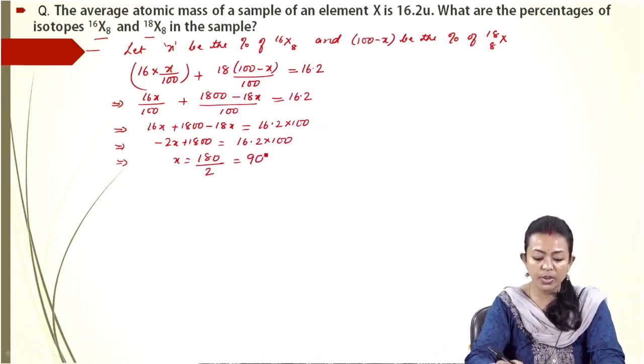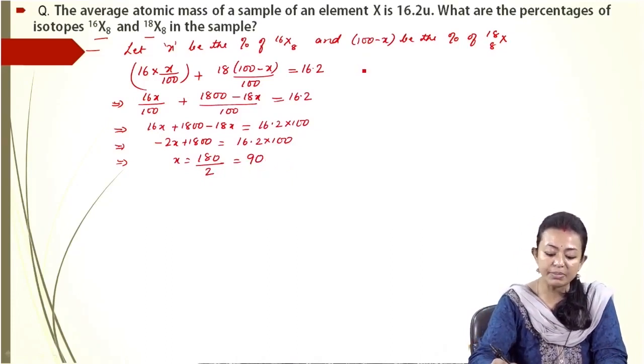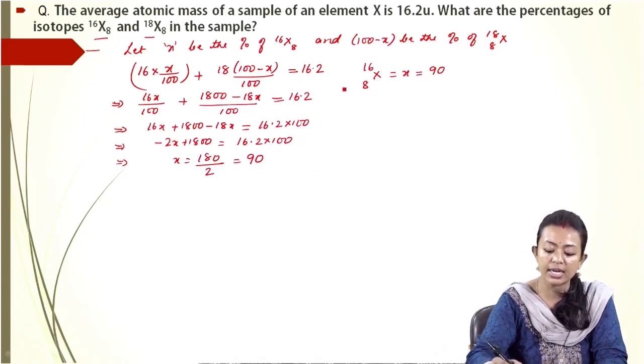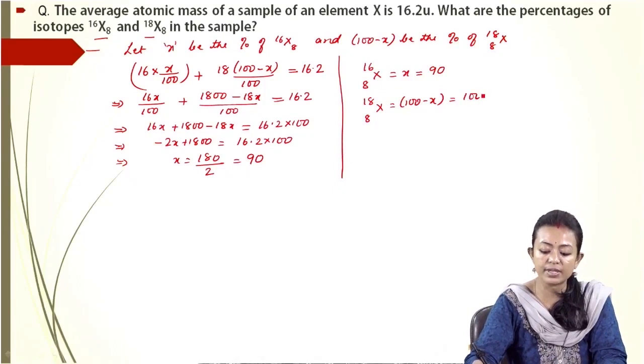Clear? So it is going to give that if x is equal to 90, that means 16X8 is equal to x, what we presented, which is equal to 90, and 18X8 is equal to 100 minus x, that is 100 minus 90, which is equal to 10.